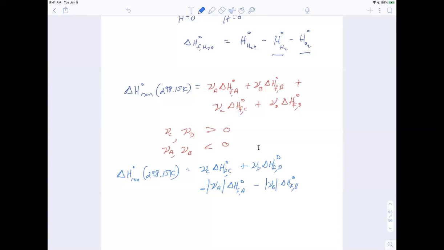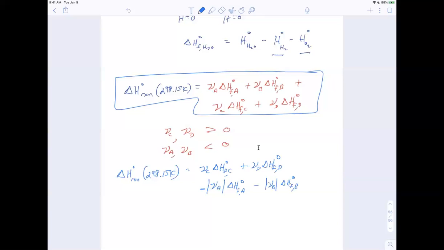And all I've done here is removed the signs. In the earlier expression, this was a mathematical equation, and because we defined our stoichiometric coefficients to have positive and negative signs, they would automatically obey the fact that the contributions from the delta H formation for A and B would have to be negative, because we're not forming them, we're decomposing them.